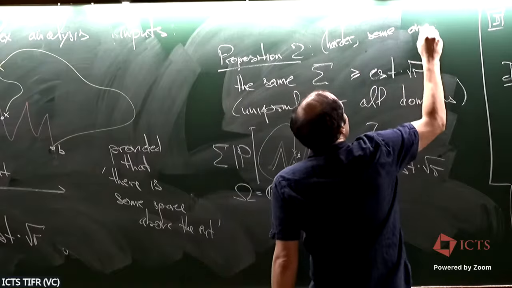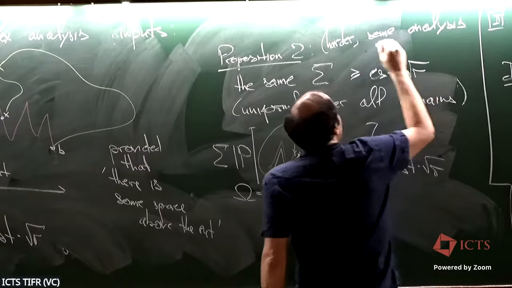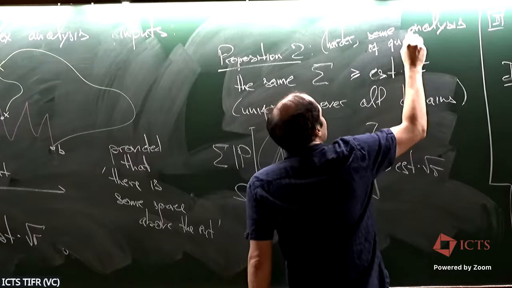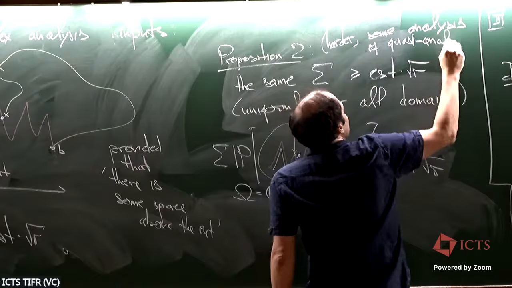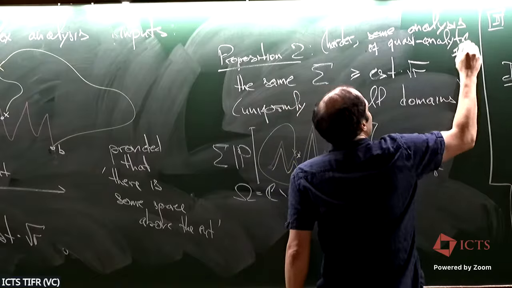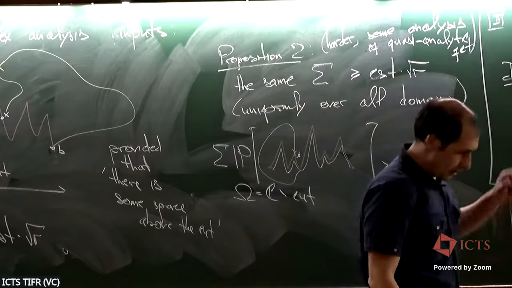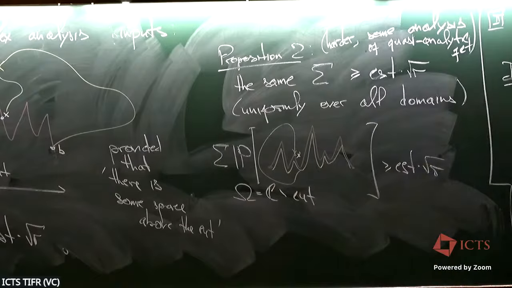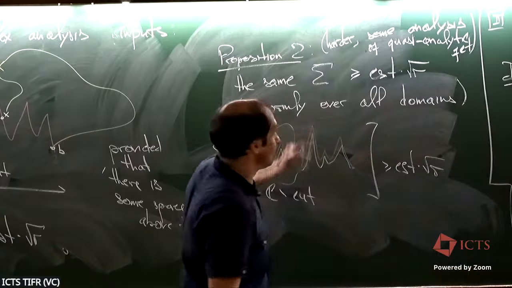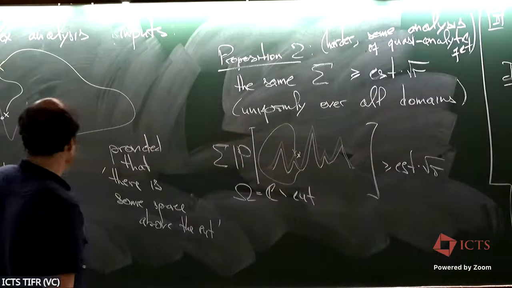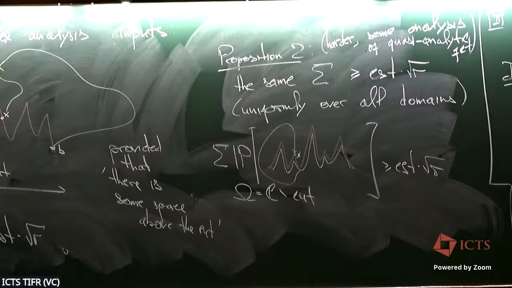Analysis of quasi-analytic functions, which is a bit interesting because you have to prove a fully probabilistic statement. What we need is a uniqueness principle for functions with bounded distortions. So that's not an ingredient which is provided by discrete complex analysis.